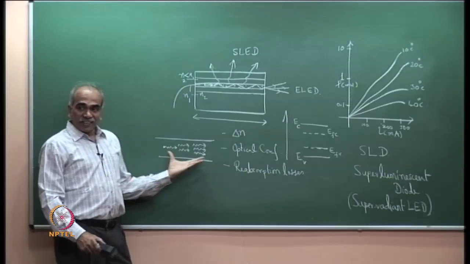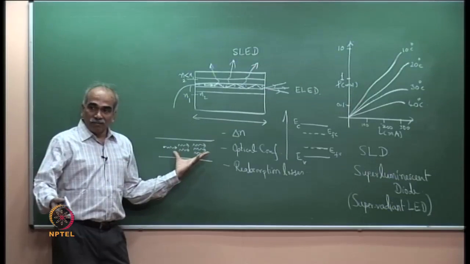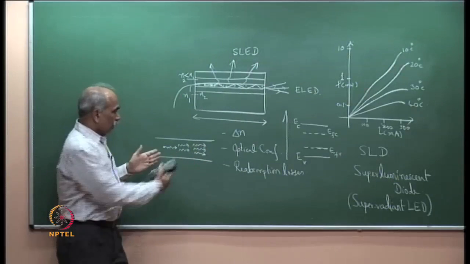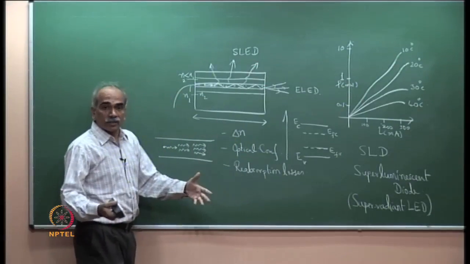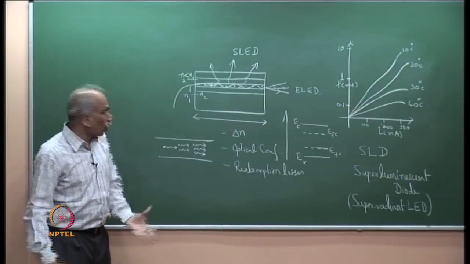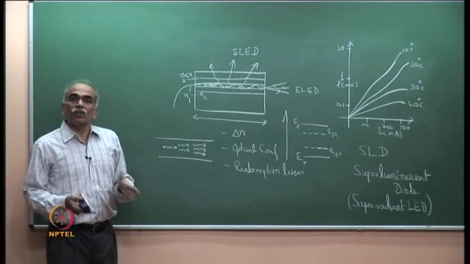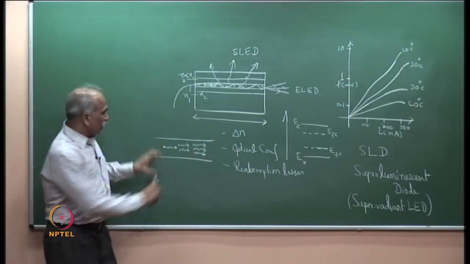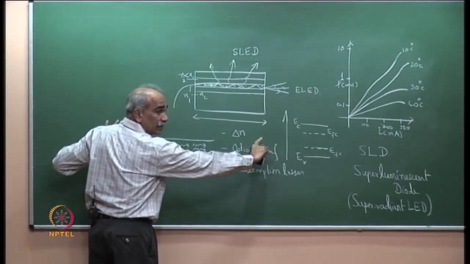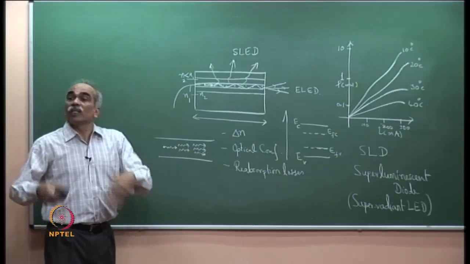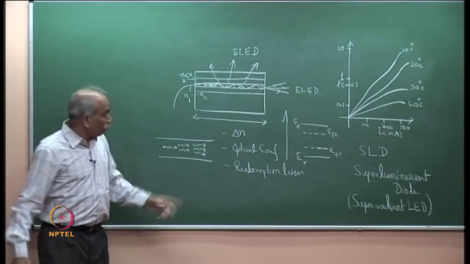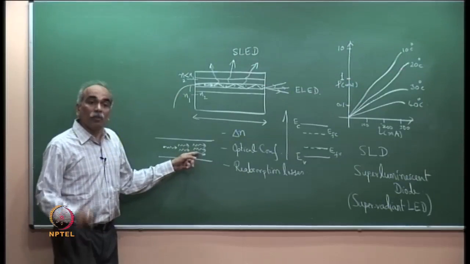Please see, the stimulated emission gain will be more if the length over which the photons are traveling is larger. In a gain medium, where photon generation is taking place, if you have sufficient length, then the amount of light generated and accumulated because of stimulated emission will be more.